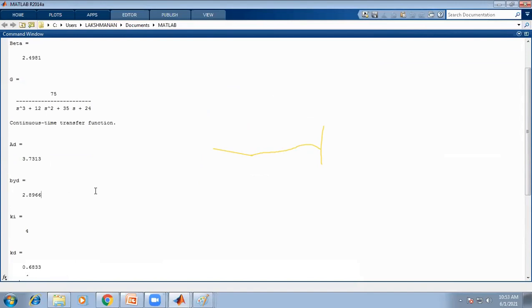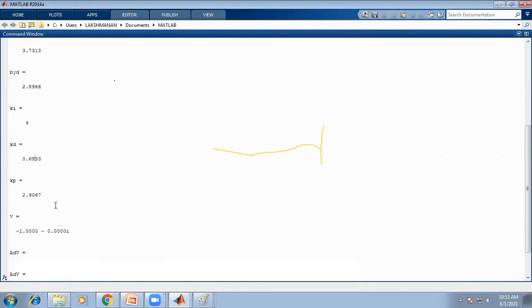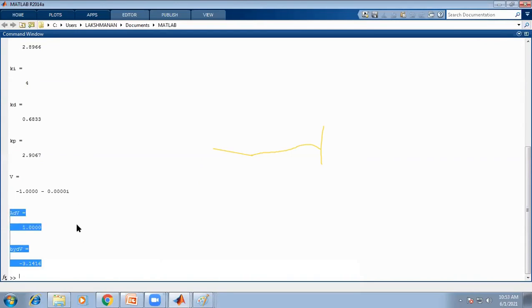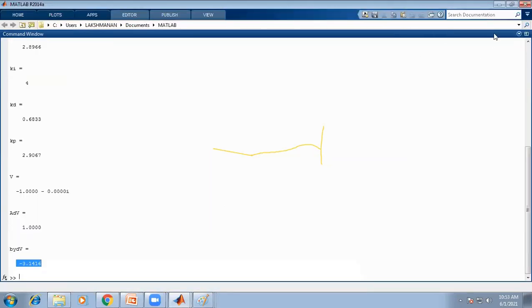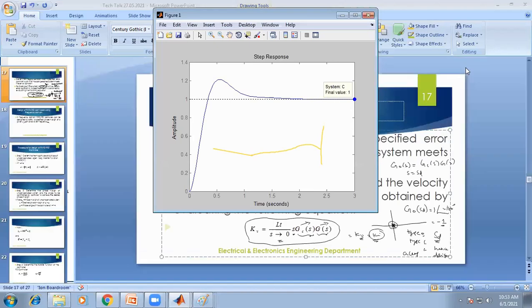Then Ad, PID, then Ki, Kd, Kp. Then we verify the answer: magnitude of 1, angle of 180 degrees. Up to this, I explained the procedure for tuning the Kp, Ki, Kd values with theta and omega n, the root locus technique, and we also verified it in MATLAB.